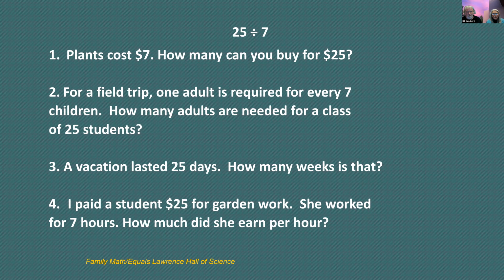And number 4, I paid a student $25 for garden work. She worked for 7 hours. How much did she earn per hour? We'll leave the questions up on the screen. Take 2 or 3 minutes and try to figure out the answers to these.